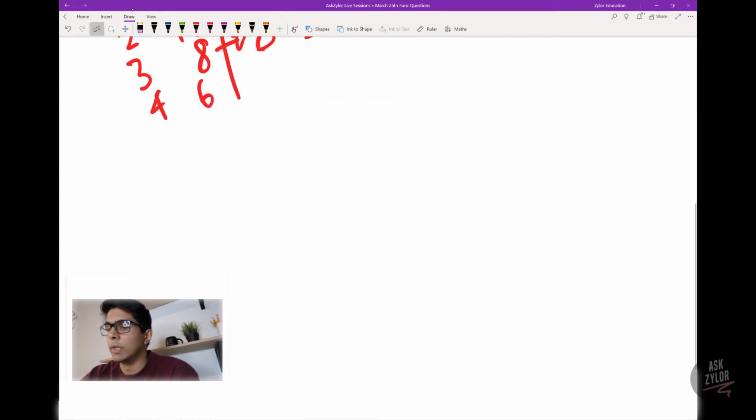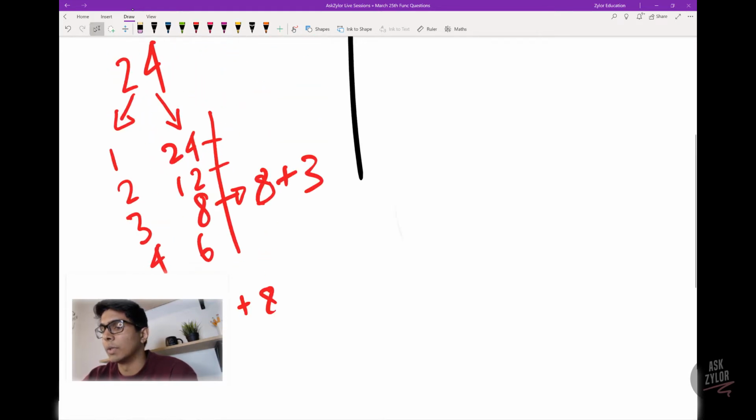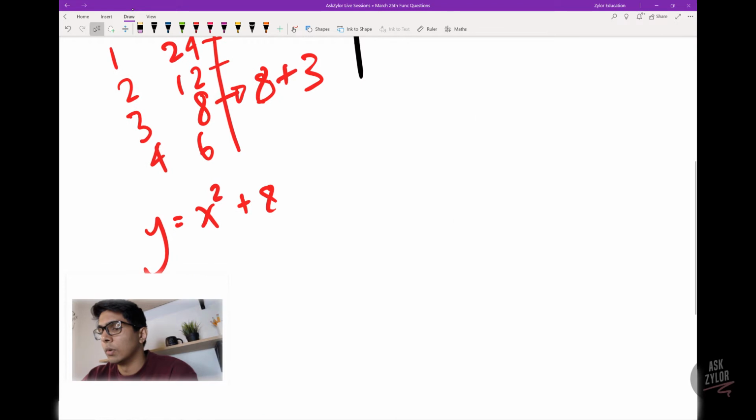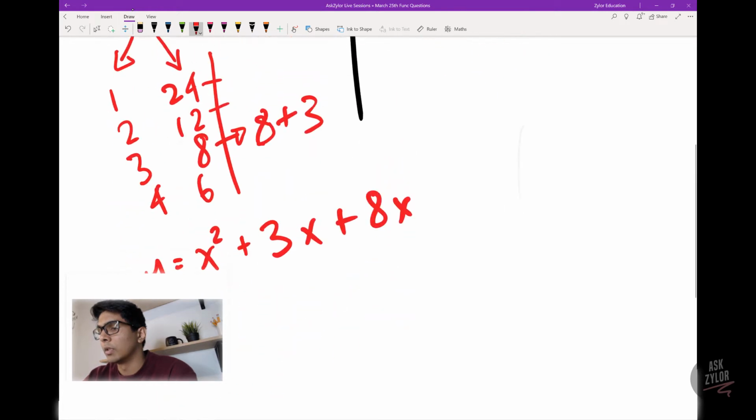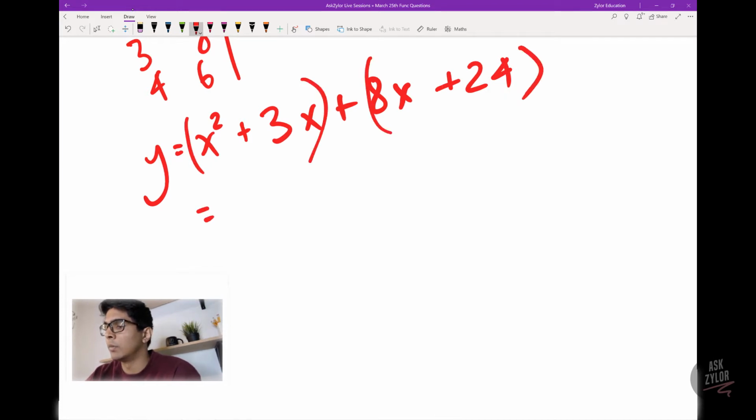I'm going to substitute 8 and 3 into the equation by splitting up my 11x. So I have x squared plus 3x plus 8x plus 24. Then I can factor by grouping: I group the first two terms and the last two terms, and factor out any common terms in both brackets.